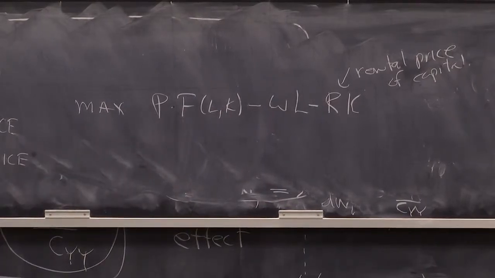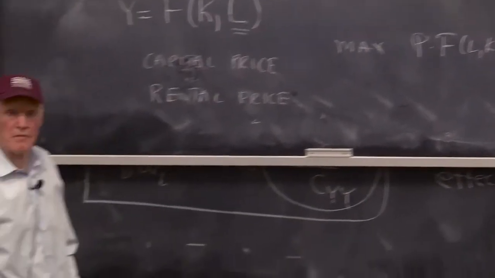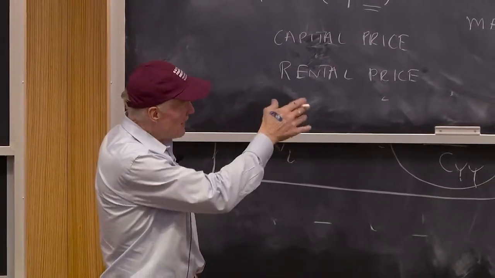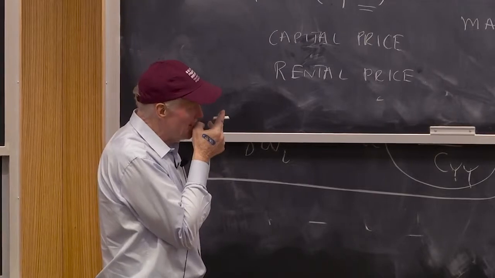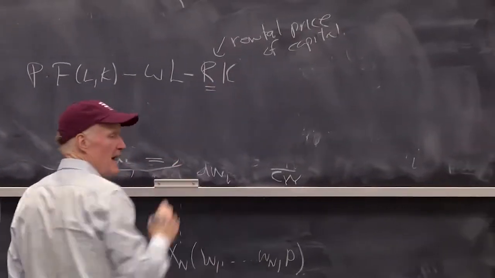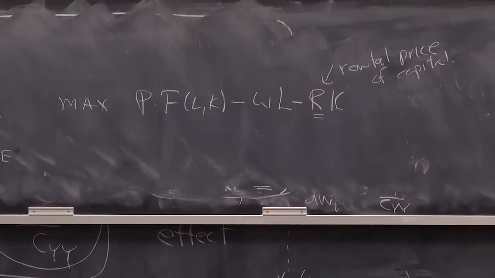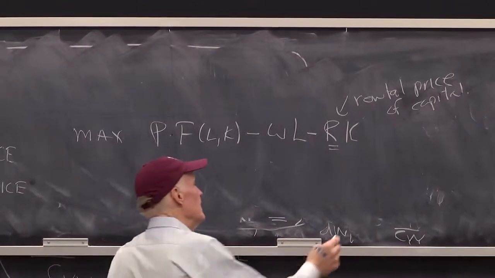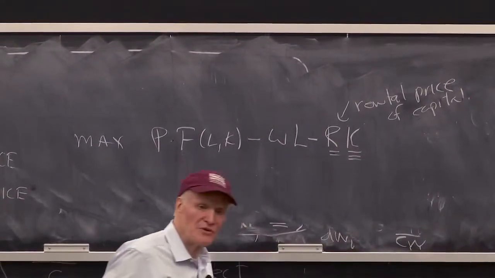All right. That's going to be our profit maximizing. Whenever you write down maximize value of output minus WL minus RK, what you need to think of is this is the rental price of capital. Okay? And if that's the rental price of capital, this has got to be a kind of rental equivalent.